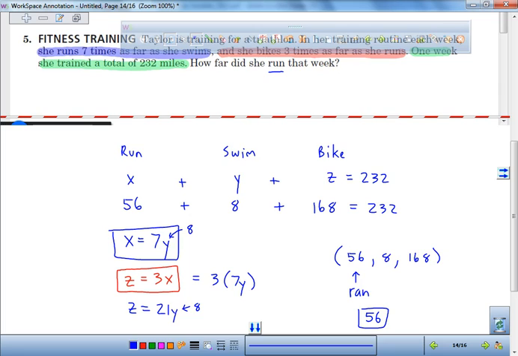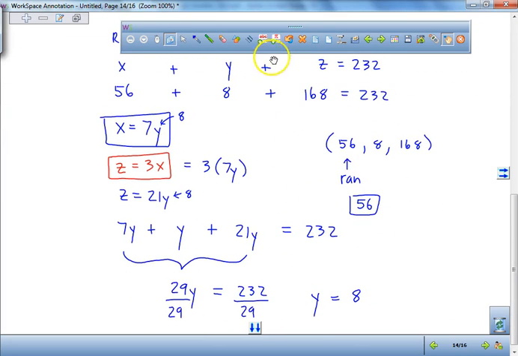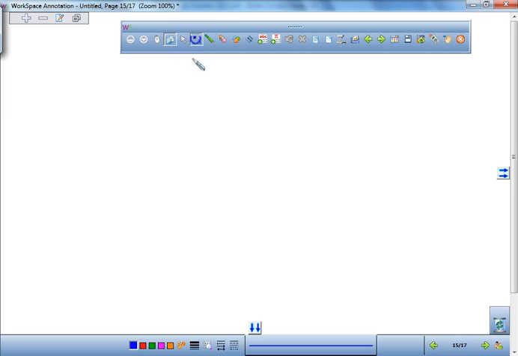You're like, Miss, we did not do a matrix at all with this. We did everything by hand. But I want to show you how you could put it into a matrix. So everybody, right now, in your journal, you don't have to write all the words, but I want you to write down this. X equals 7y.